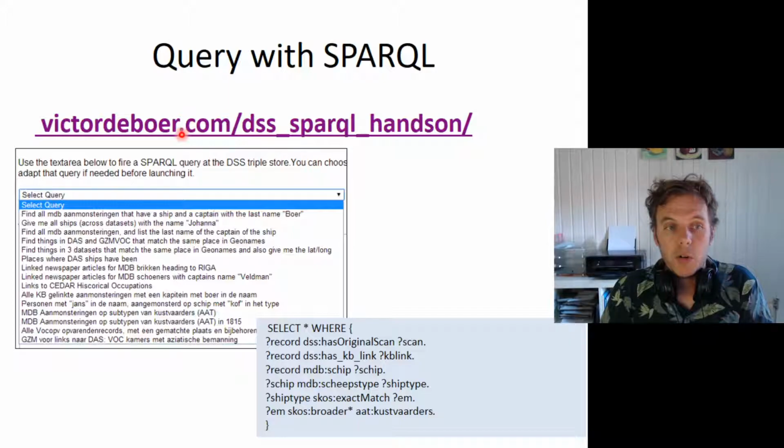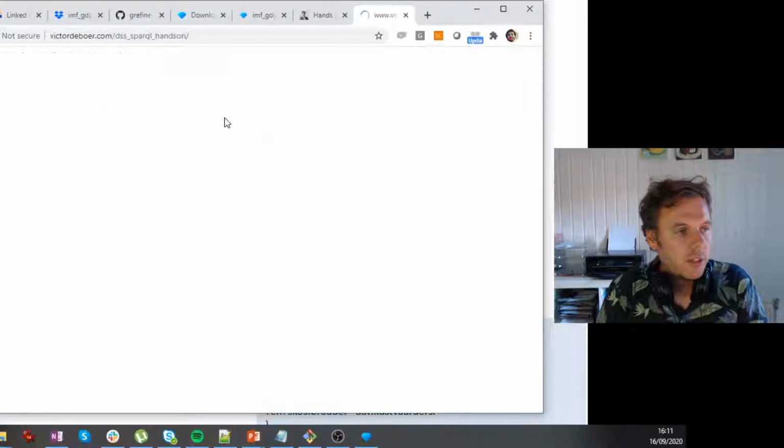So now, you can do that yourself. There's actually a SPARQL hands-on tutorial that you can follow. It's here, victordeboer.com/DSS SPARQL hands-on. So let me just go there with you. So we can open that.